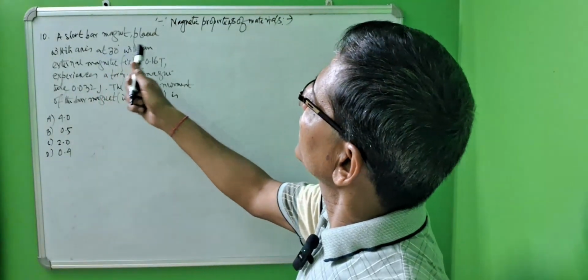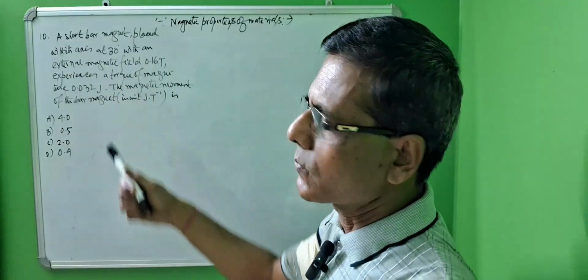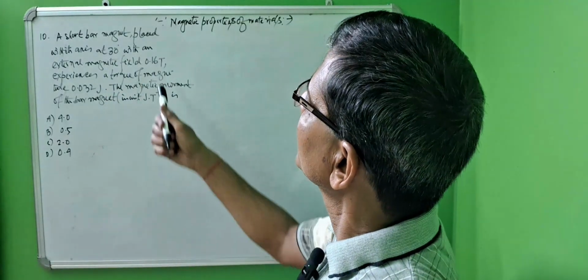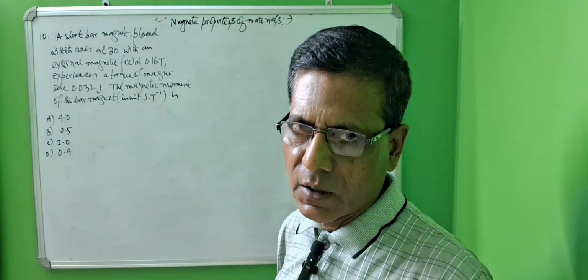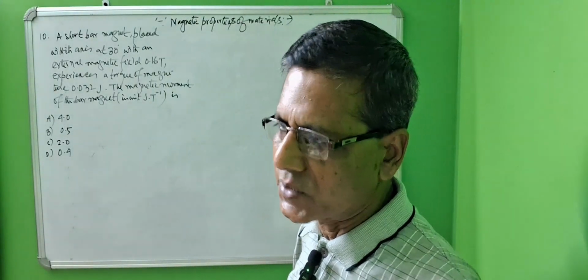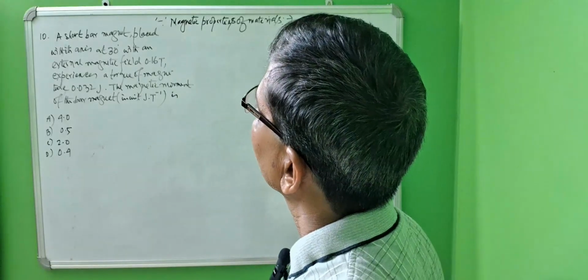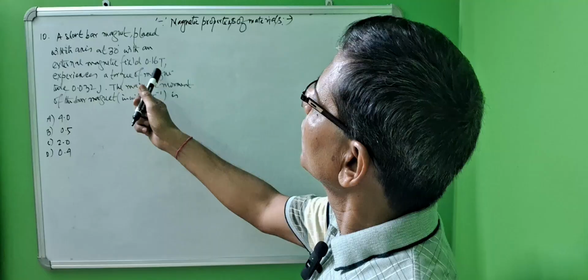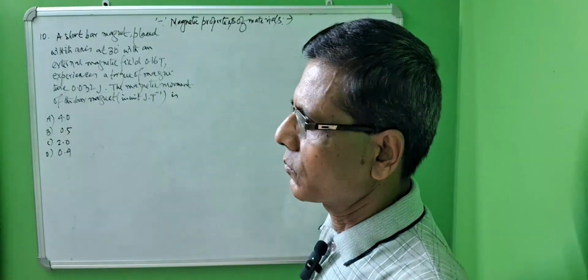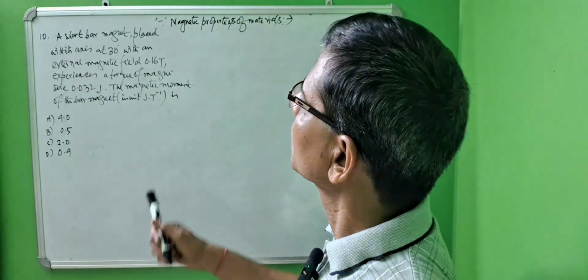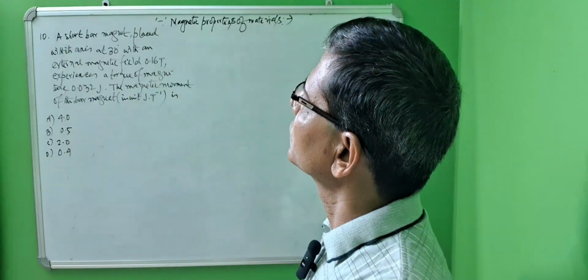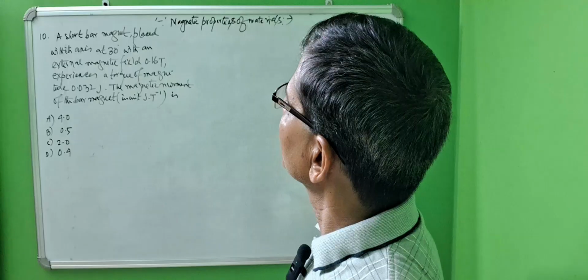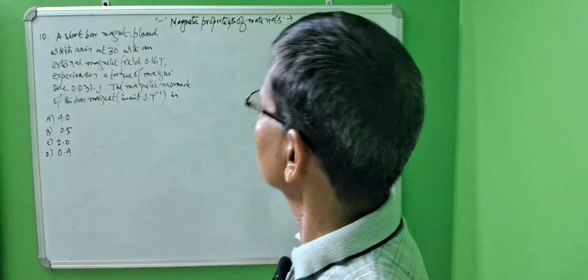A short bar magnet placed with its axis at 30 degrees to an external magnetic field of 0.16 Tesla experiences a torque of magnitude 0.032 joule. The SI unit of magnetic field is Tesla. What is the magnitude of the magnetic moment of the bar magnet in joule per Tesla?